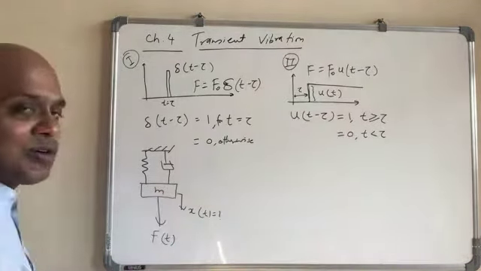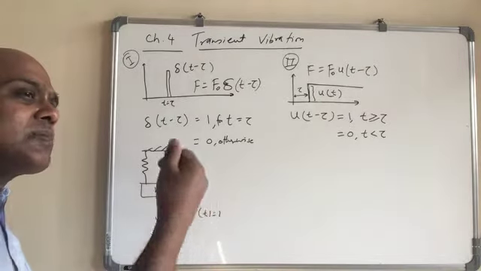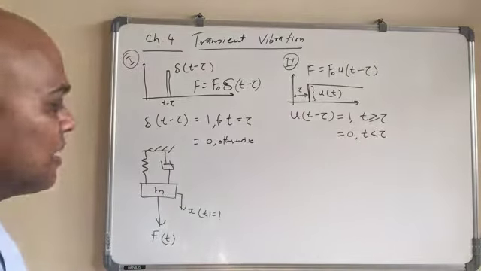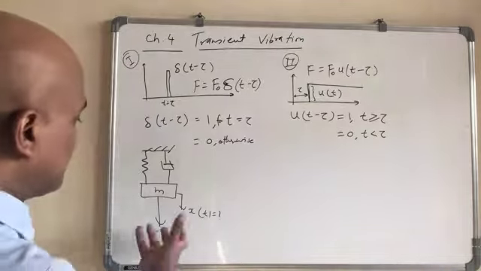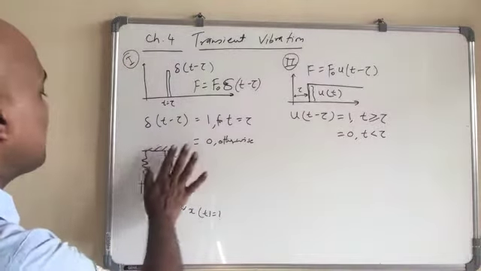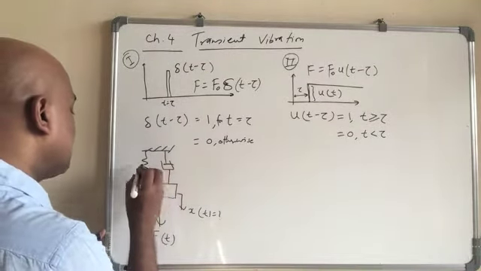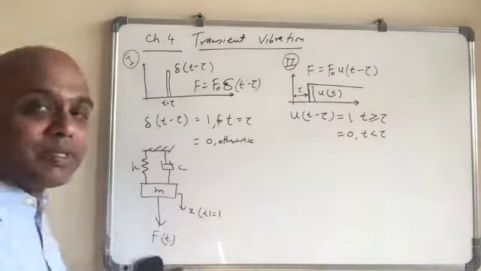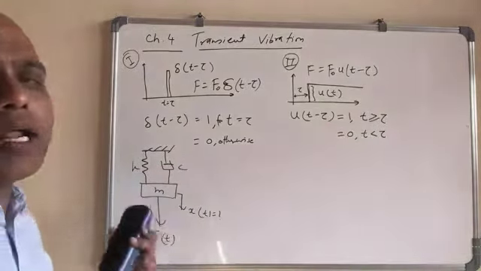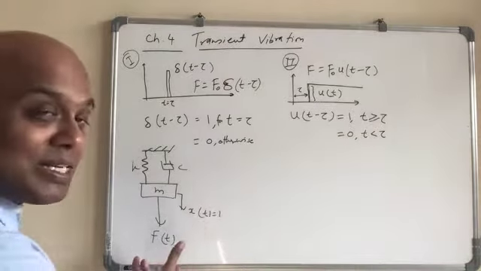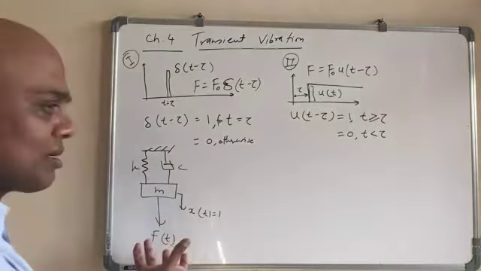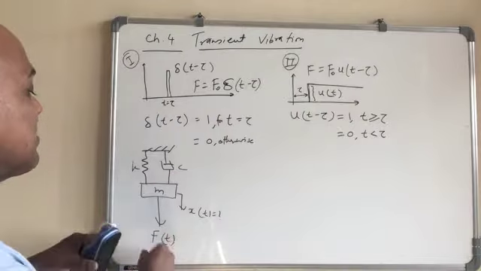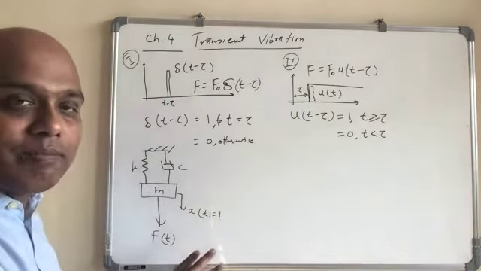That force will continue, like something like an electromagnet. Let us say a spring mass damper system. This is K, and this is M, made of iron, for example, and you have an electromagnet here. You switch on the magnet, and it applies a force on the mass.